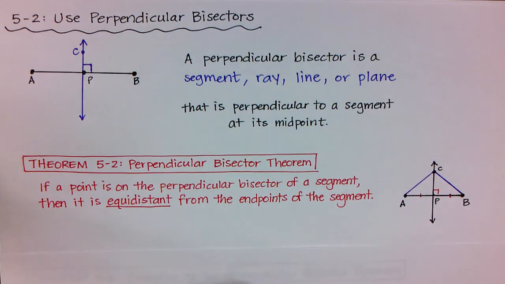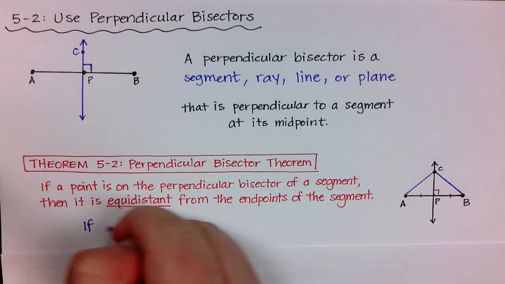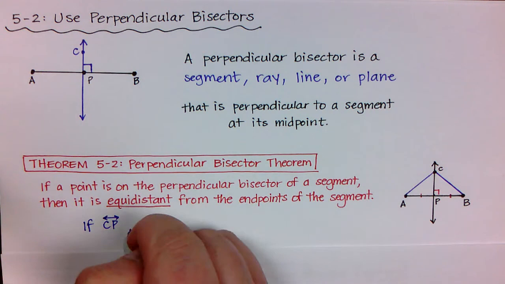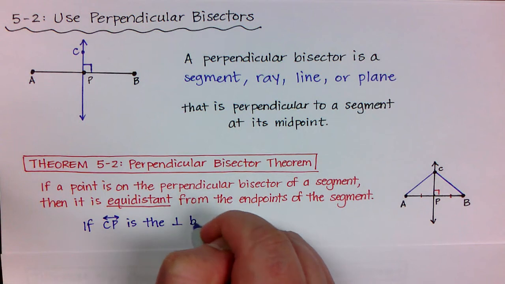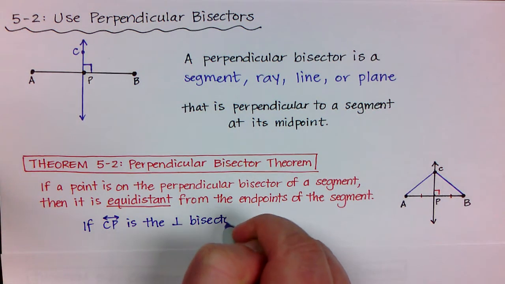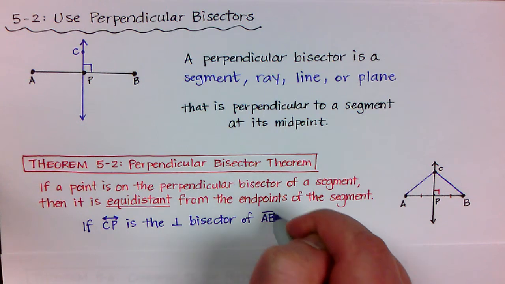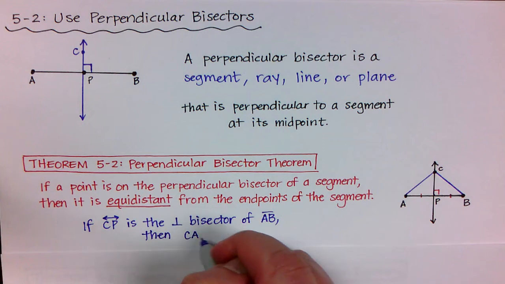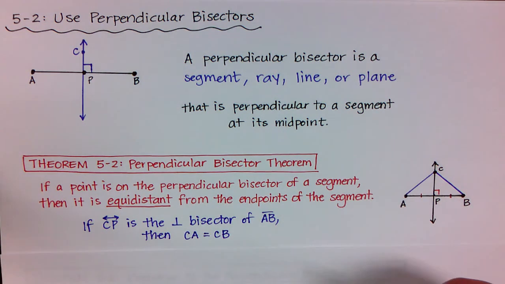That's what equidistant means. So, if CP is the perpendicular bisector of segment AB, then CA, that length, is equal to the length of CB. That's what our theorem 5-2 is telling us.